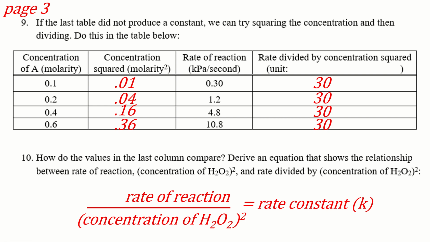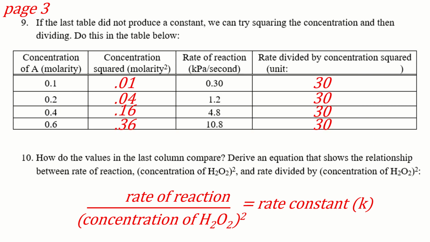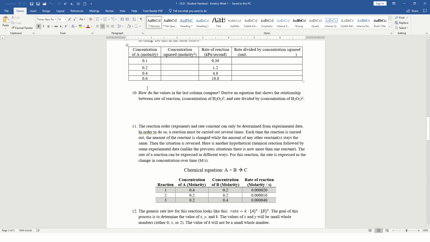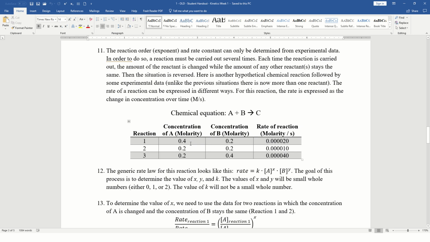All right, so now further down this page, there is an example. So on your handout, let me pull that up. So further down this page, you have this. It's an example that will show you mathematically how we determine the value of the rate constant given experimental data.